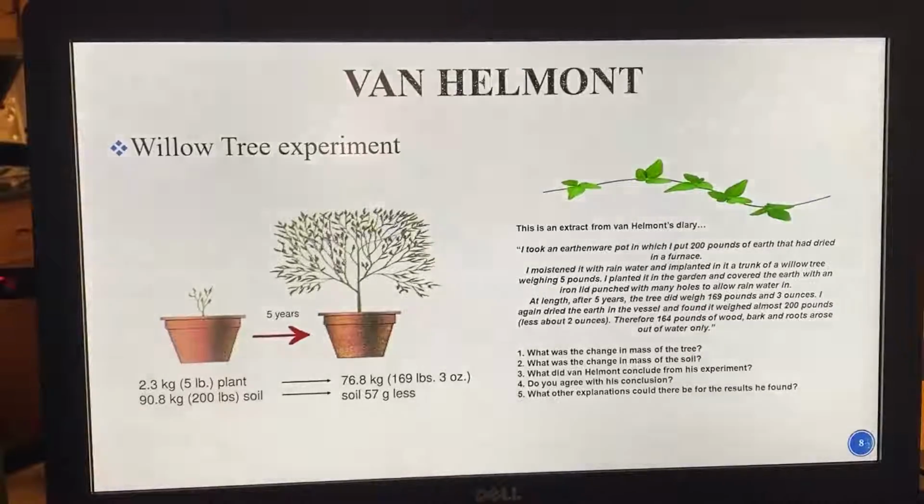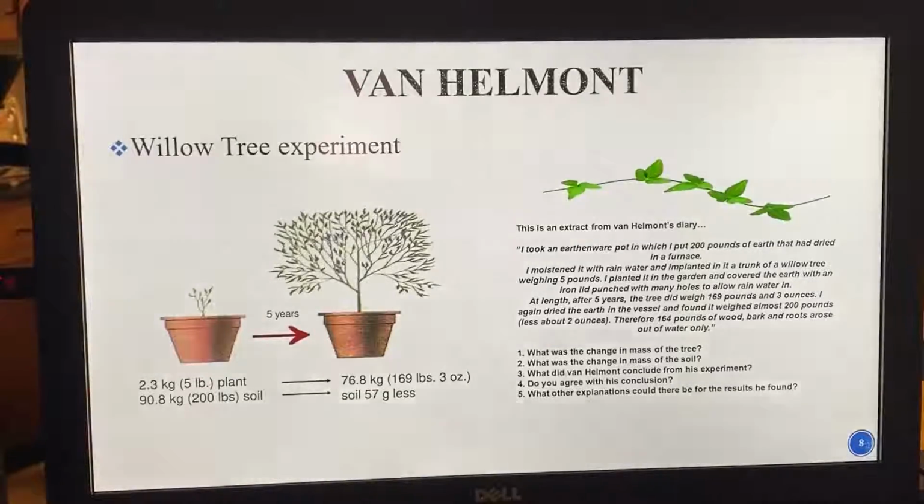Where did the growth come from? He only added water. Right? Because that's what plants do. They take up water and that's how they grow, right?